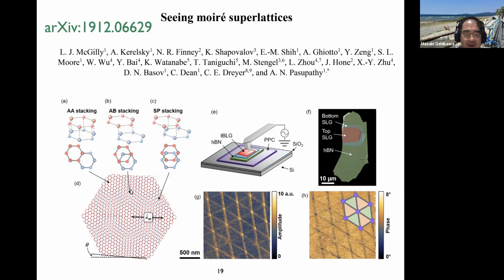Then you can define a kind of domain corresponding to each stacking pattern, and then you can see the domain wall structure, which forms a network. And this is seen in this paper using some imaging technique using AFM. And you can see this network structure. So if electrons are traveling along this network, we can maybe apply a similar theory framework.